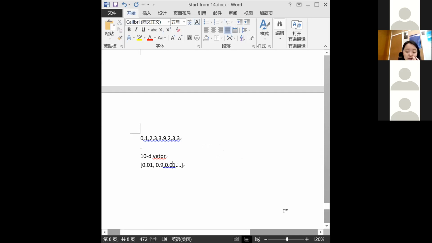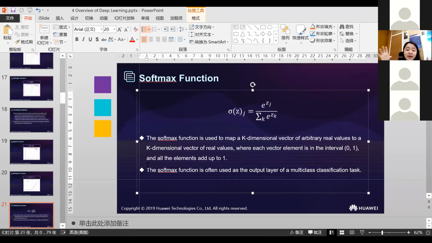So that is the softmax activation function. We map the vector, and every element in the original vector may represent the score of every class for an image classification problem. But after the softmax function, every element in the vector represents the probability of this class.